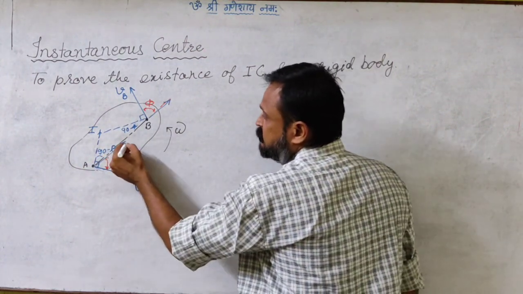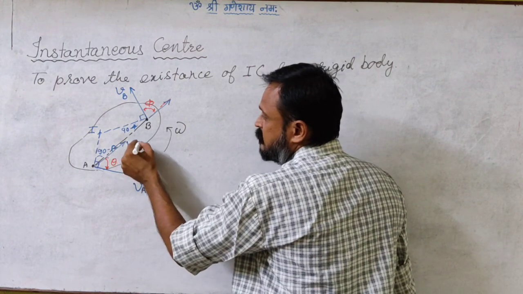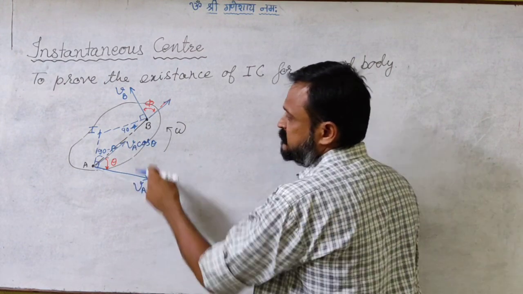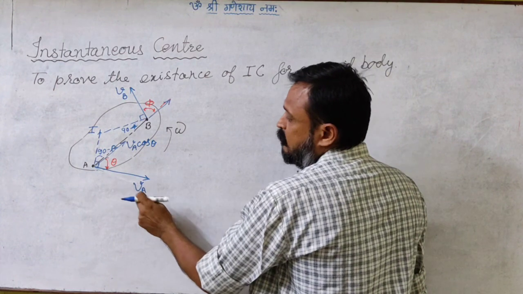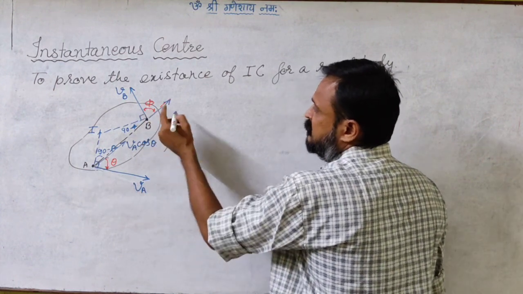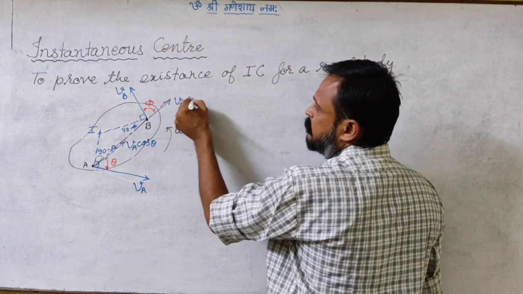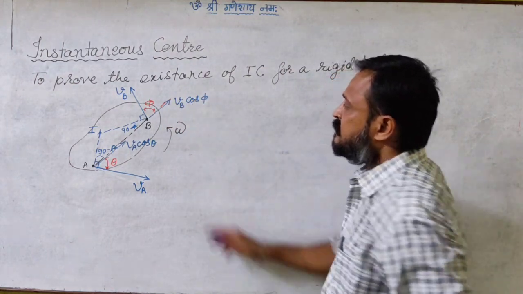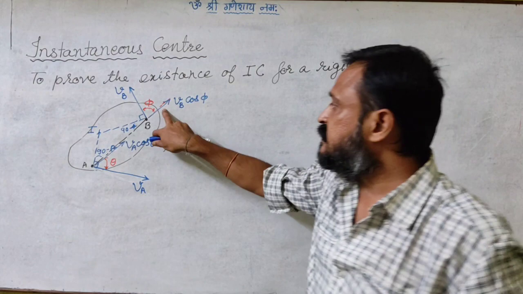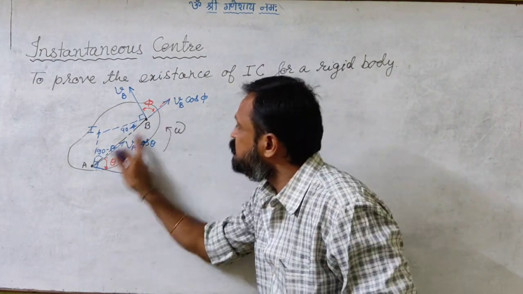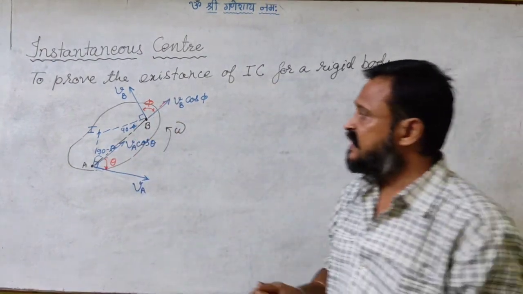So this is velocity of A cos theta, which is a component of VA along AB, and this is VB cos phi, the velocity component along the line AB.